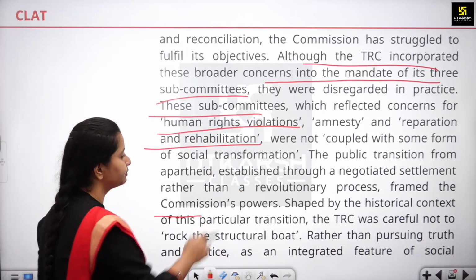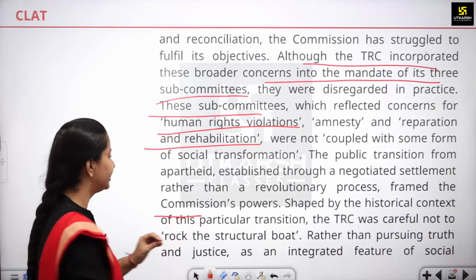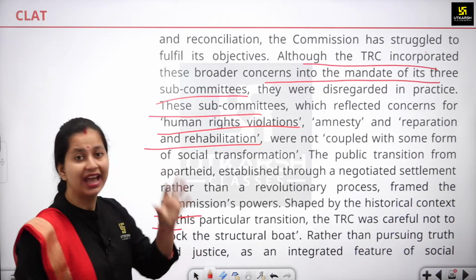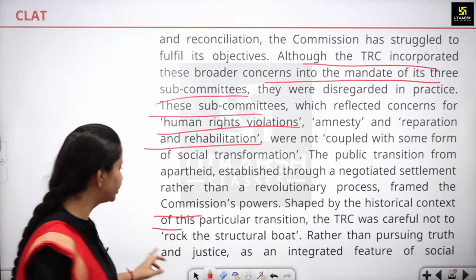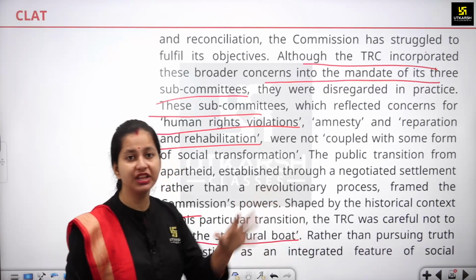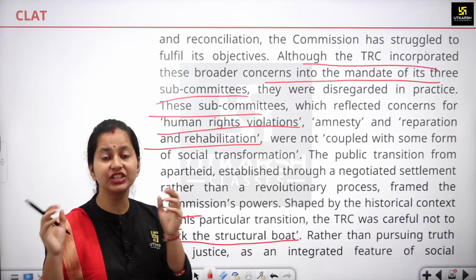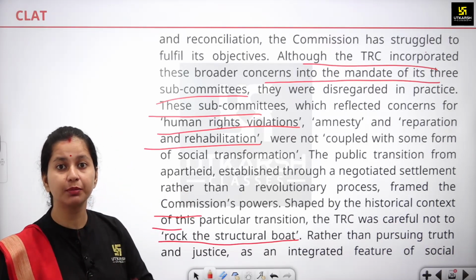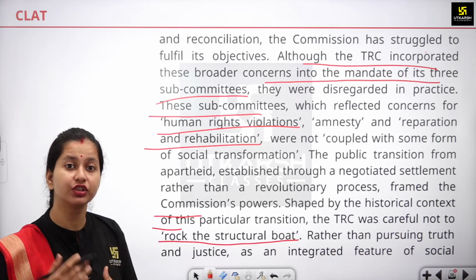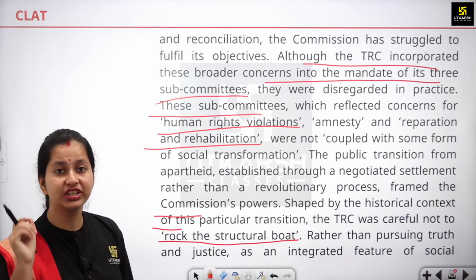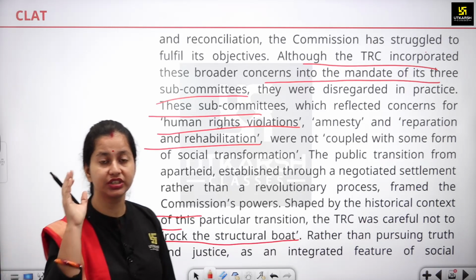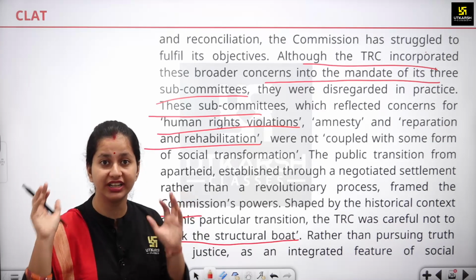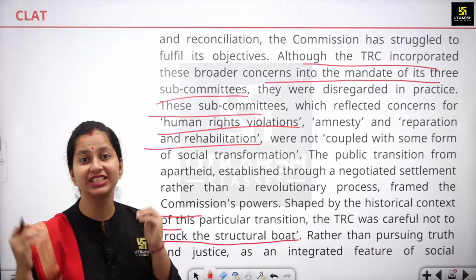Frame the commission's power. Shaped by the historical context of this particular transition, the TRC was careful not to rock the structural boat. It means the TRC was not attempting to disturb the structure that was already there, on which the society stands.